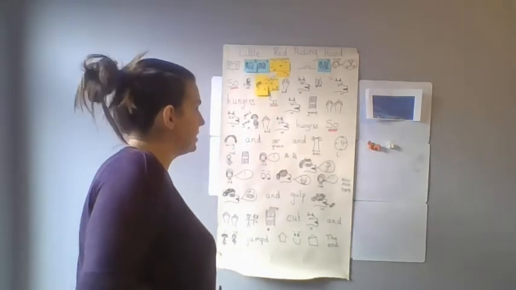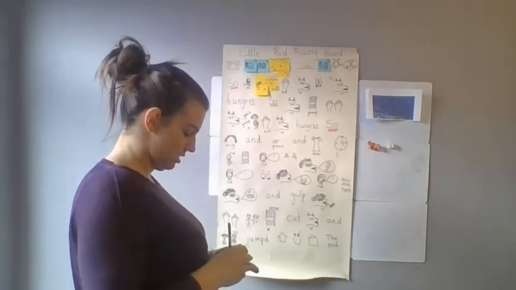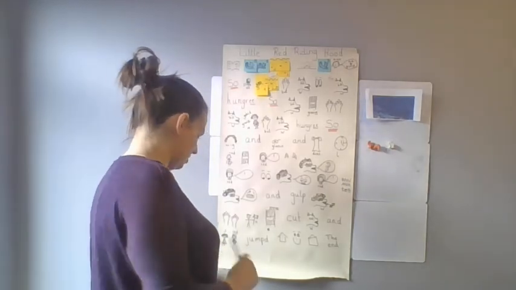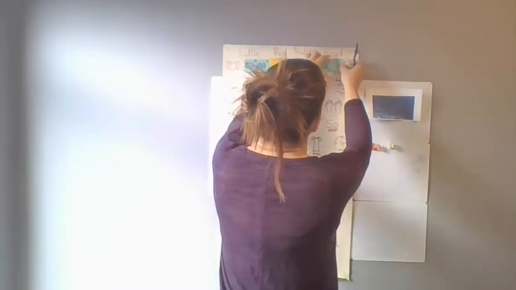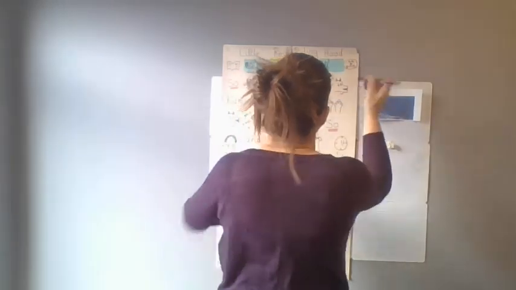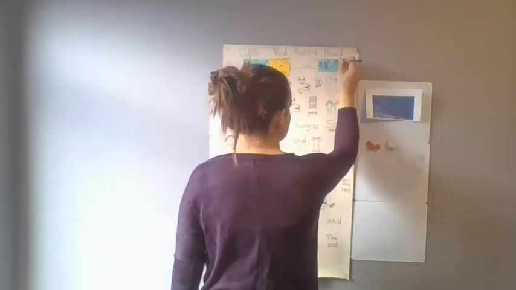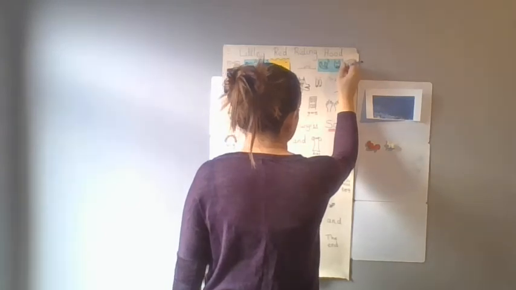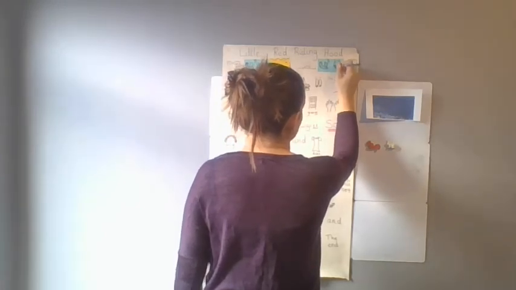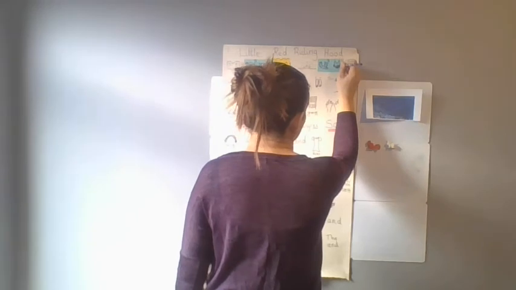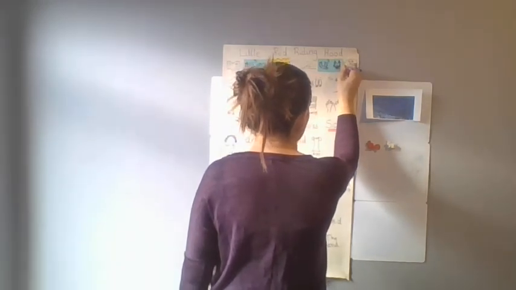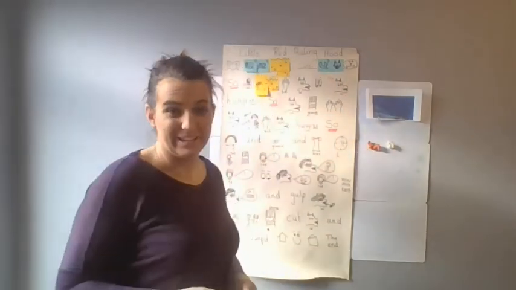Okay, and we need to cover up Red Riding Hood's mum. And we're going to draw a rabbit. So our rabbit has big ears and big teeth and some whiskers. Okay, there's our rabbit. Make the teeth a bit bigger. There we go. He's a bit funny.